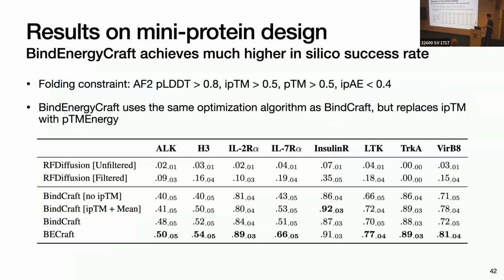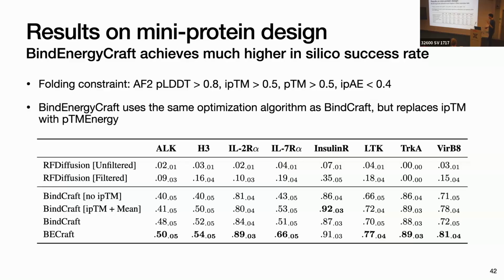In order to be fair, when we evaluate whether the design is good, we still use ipTM as the measure. So we are optimizing pTMEnergy, but for fair comparison we still use ipTM as a test-time ground truth, the surrogate for evaluating different binders.